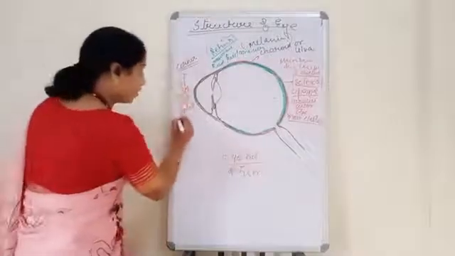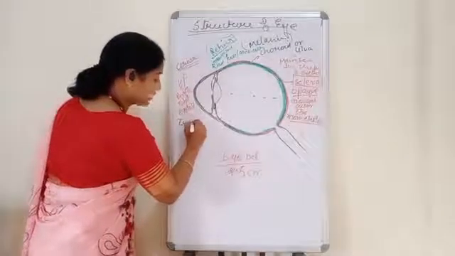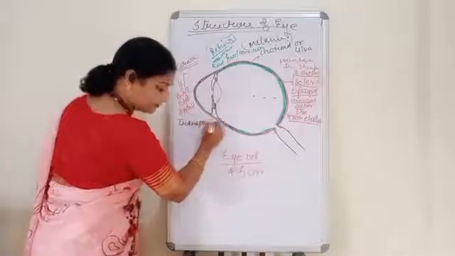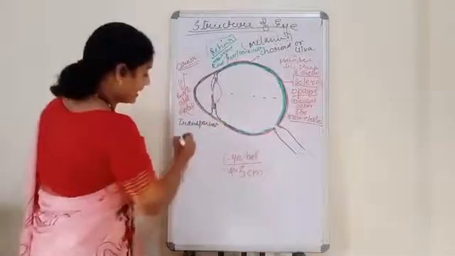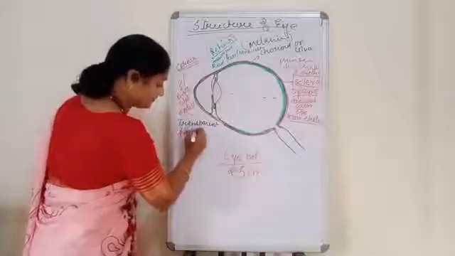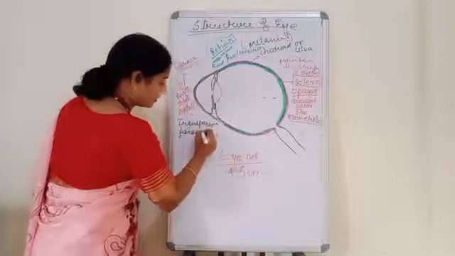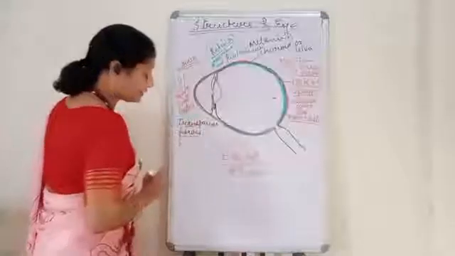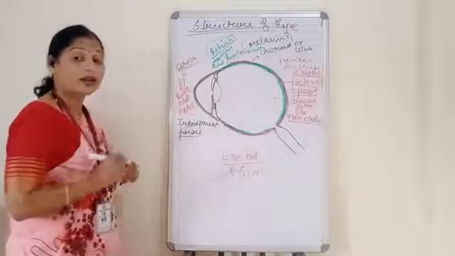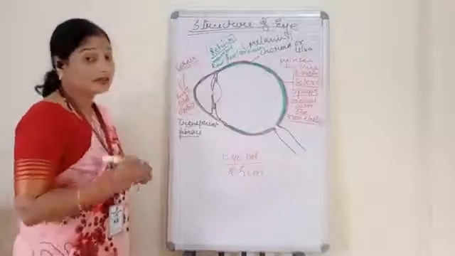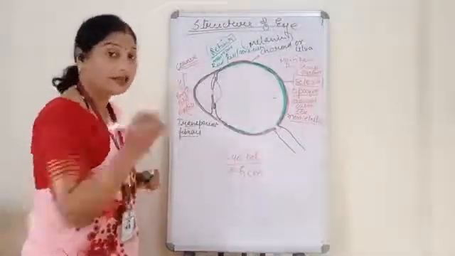Now what is this cornea? This is transparent and fibrous, two points, and it is covered by a very thin single layer epithelial membrane.